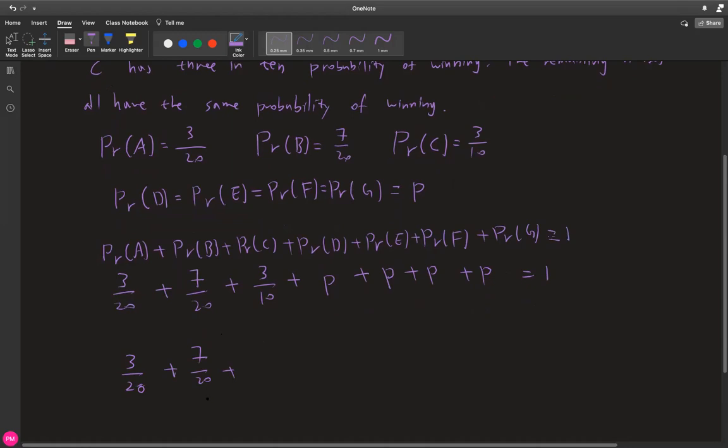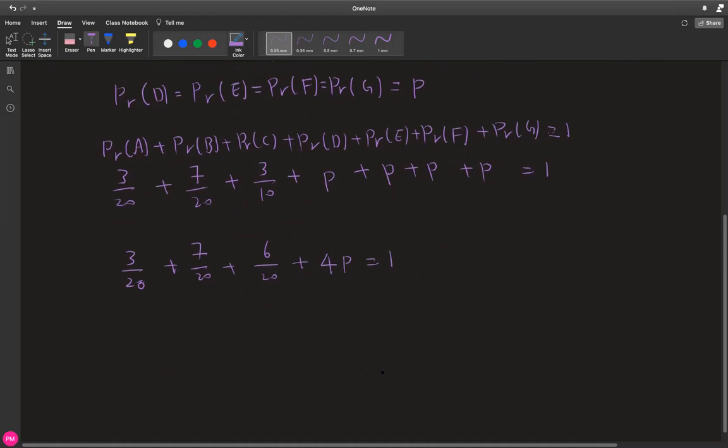But we need to have the same denominator. So in order for 10 to have the same denominator, you simply multiply 2 in top and the bottom. So you'll have 6 over 20, and that's the same thing. And since we have 4 of the probability P, let's say it's just 4P. And I'm sure we can all agree with that.